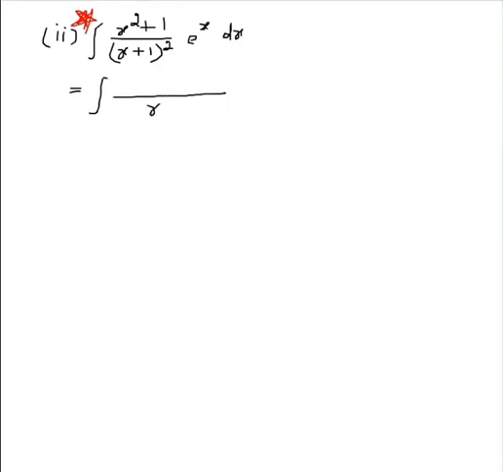We have x plus 1 the whole square in the denominator. So we need to write the numerator also in terms of x plus 1. So what I am going to do is, I will write this as x square minus 1 plus 2. X square minus 1 plus 2 is x square plus 1. E power x dx.